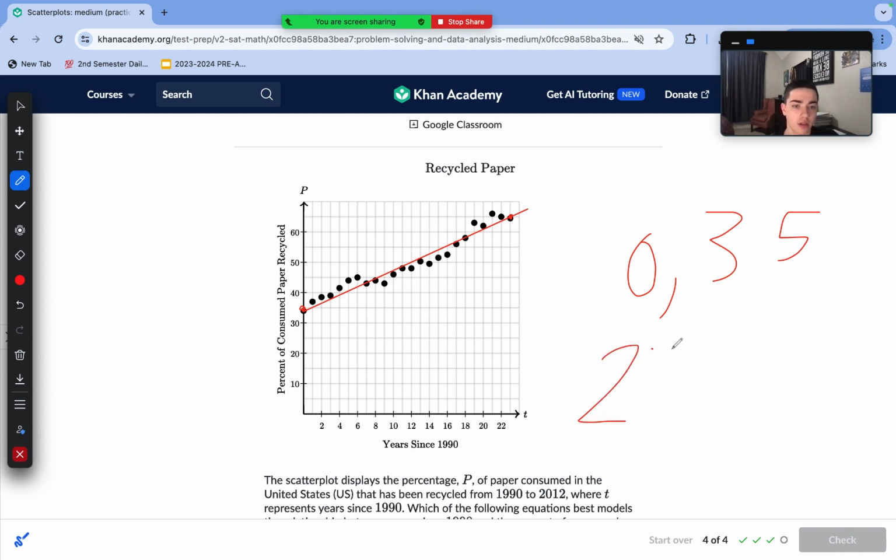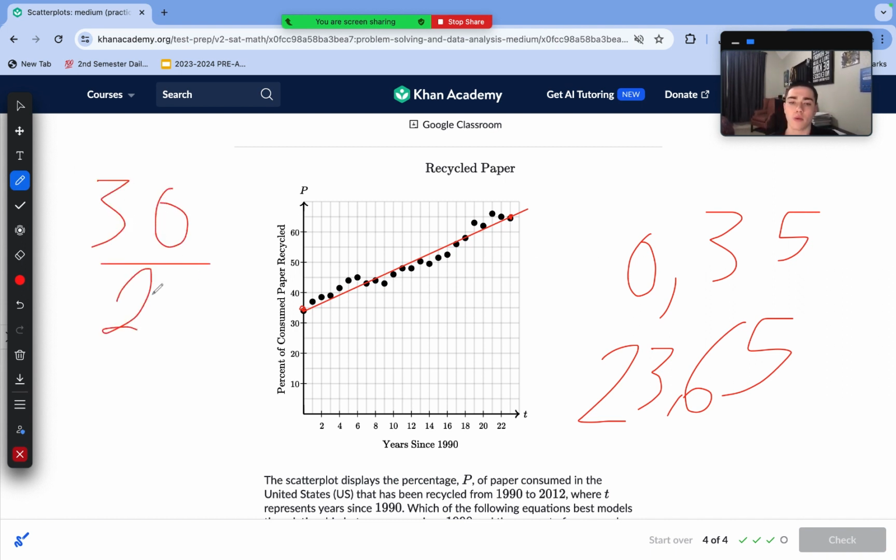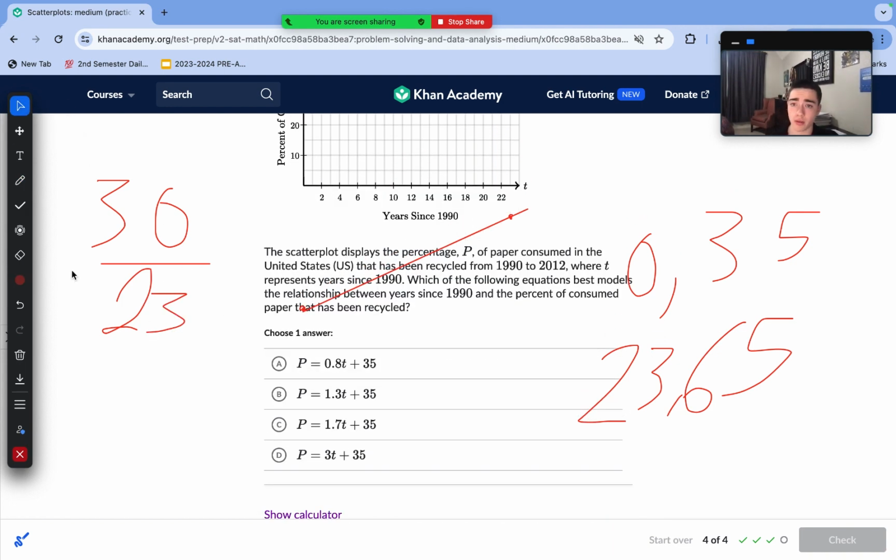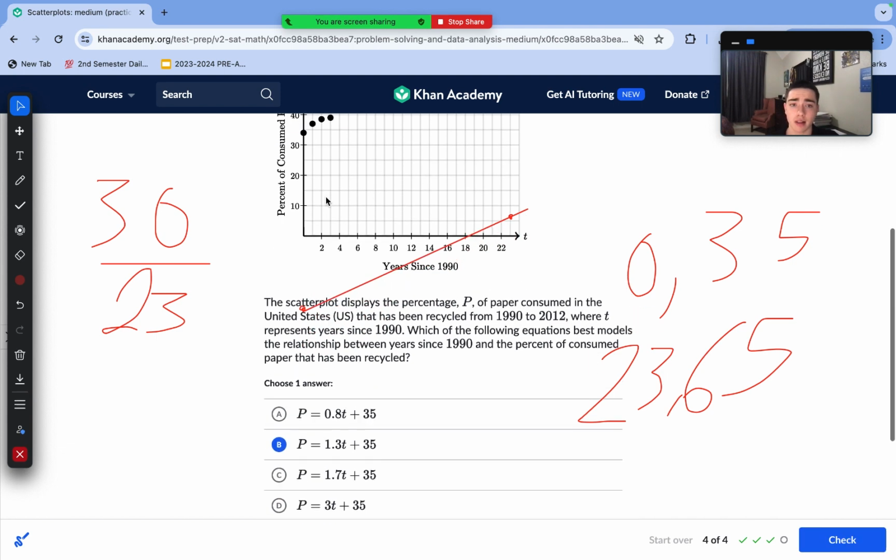And just find the rate of change between these two pairs. 65 minus 35 is about 30, and then 23 minus 0 is 23. So 30 divided by 23, we just put that into our calculators. That is approximately 1.3. That means answer choice B is going to be the most legitimate here.